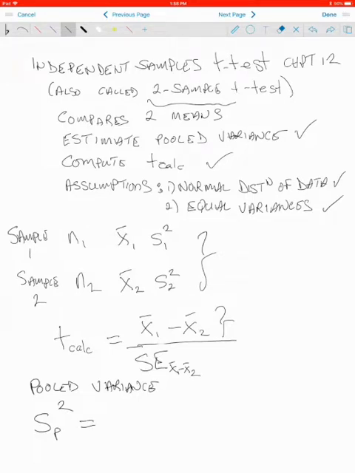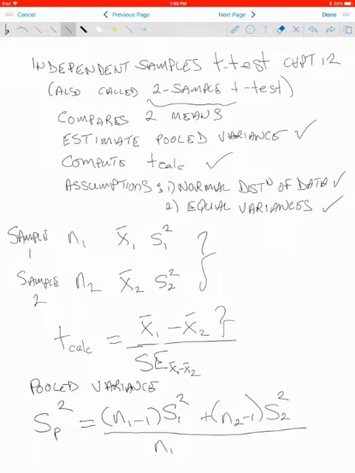It's simply n1 minus 1 times the variance that you've estimated for sample 1, plus n2 minus 1 times the variance you've estimated for sample 2, and then divide all that by n1 plus n2 minus 2.